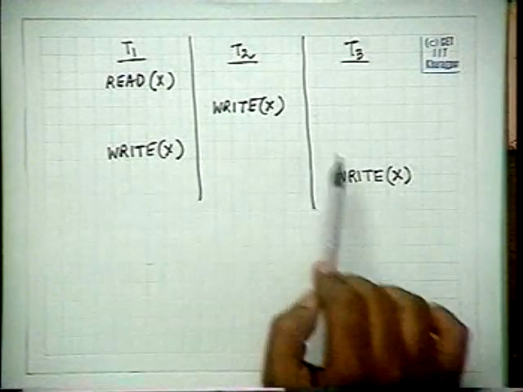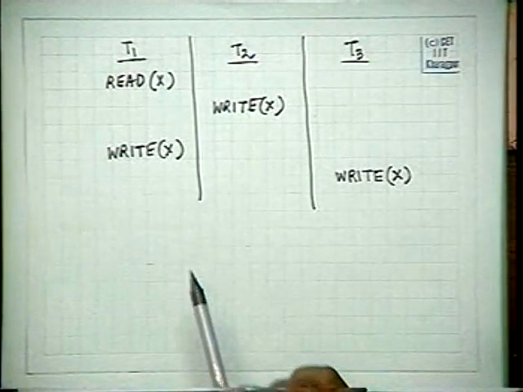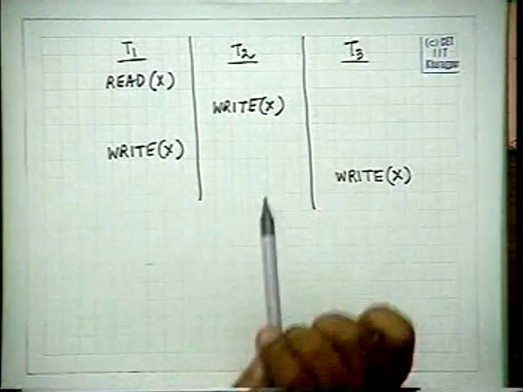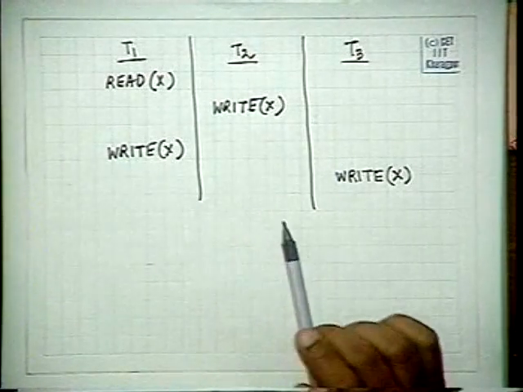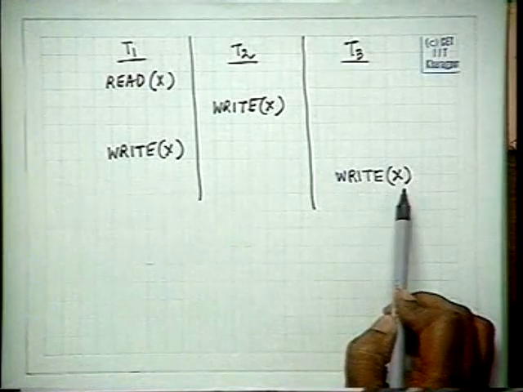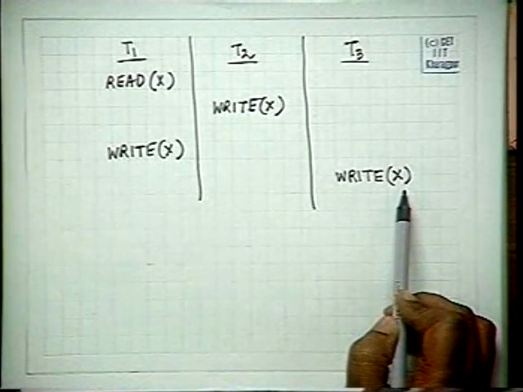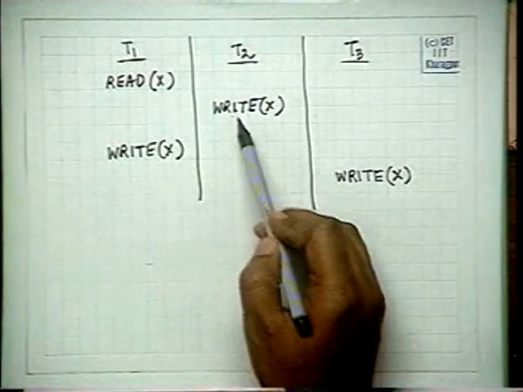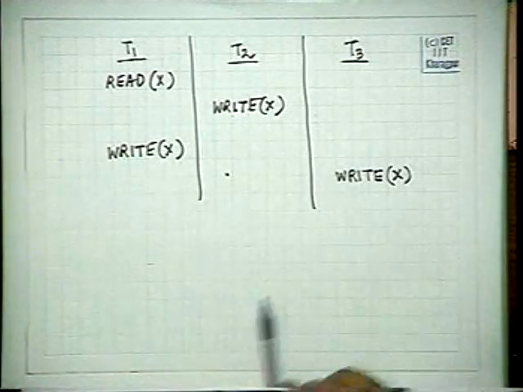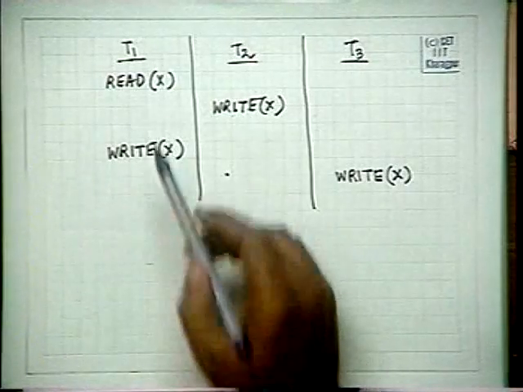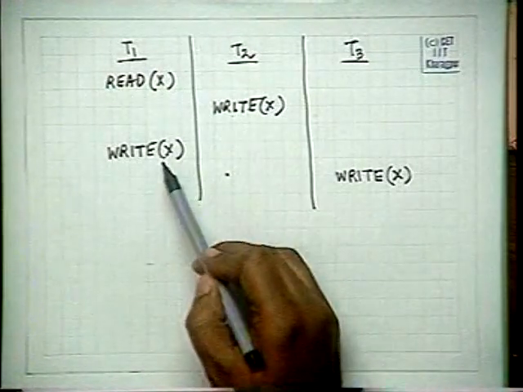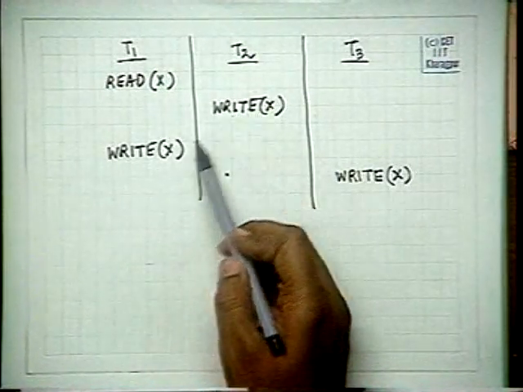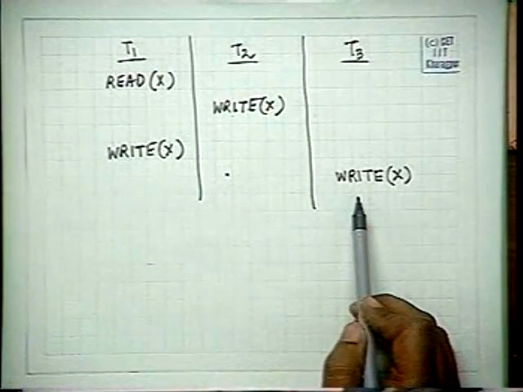But if you analyze the semantics of this program, whatever the intermediate statements, since this is the final value of x that is written and this does not read any value of x, this write, if it is moved here also, it does not matter, because this one reads x, then these two write x, and whatever these two write will be overwritten.